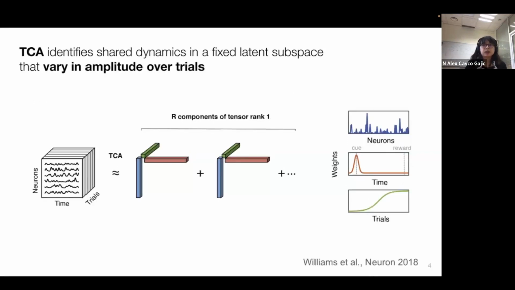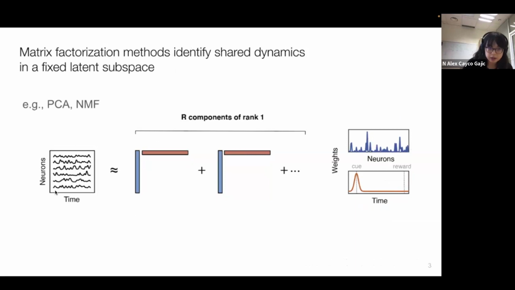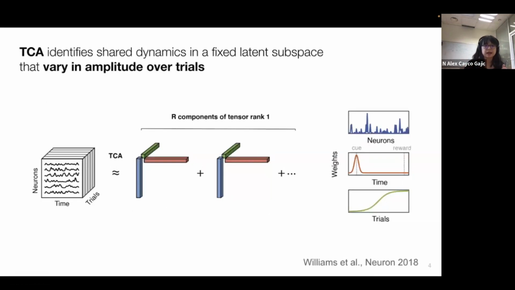And then when we want to look at learning, one thing we could do is make a very long matrix and use PCA on a matrix where we're just concatenating all of the different trials together. But in order to make some kind of separation between the time within a trial and the time across trials, what we can do is stack those data matrices together into a tensor.